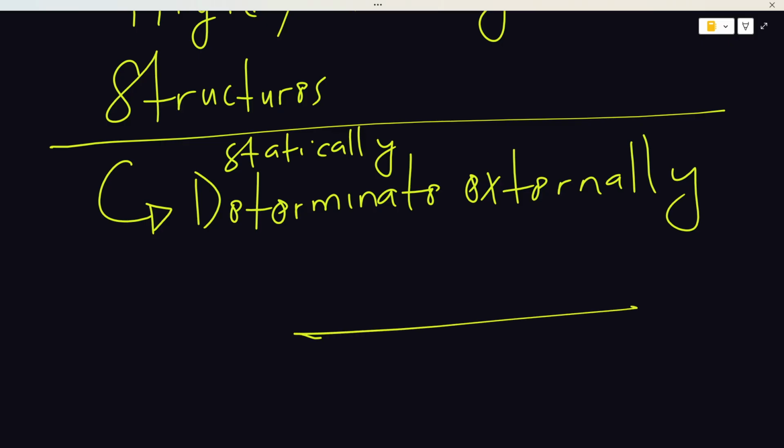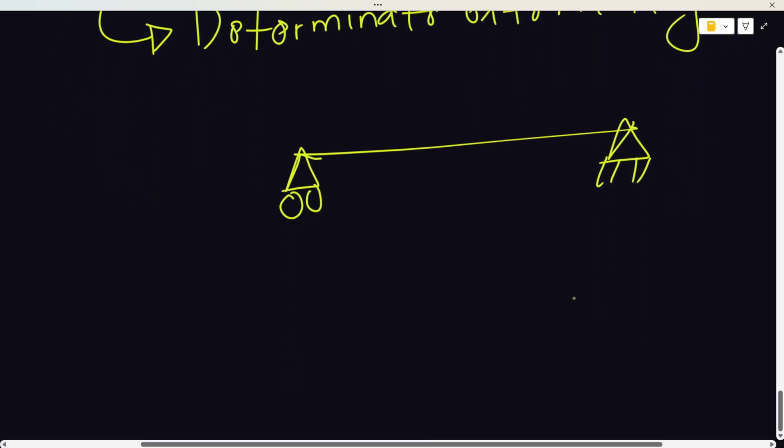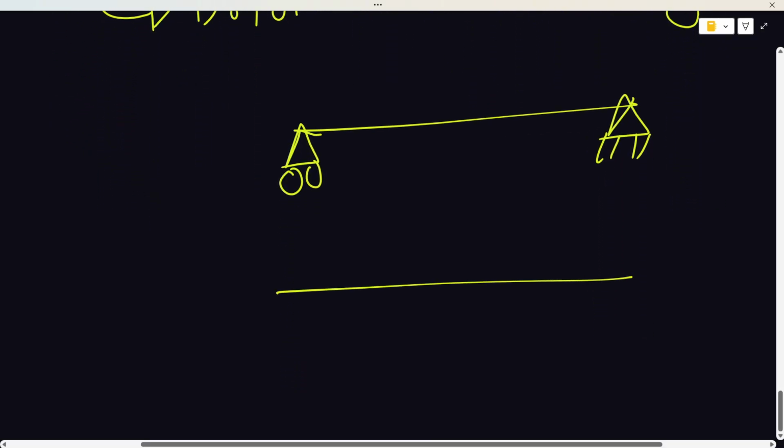Just for understanding's sake, this is a rigid structure. Once again, it does not have an internal hinge. It does not have an internal roller. So it is a rigid structure. Now this structure, of course, is determinate. Now, what of this?